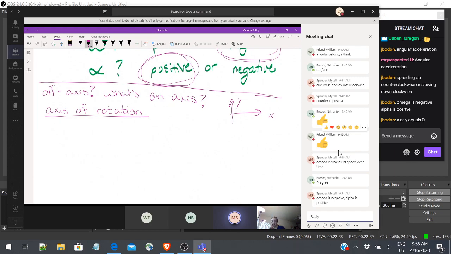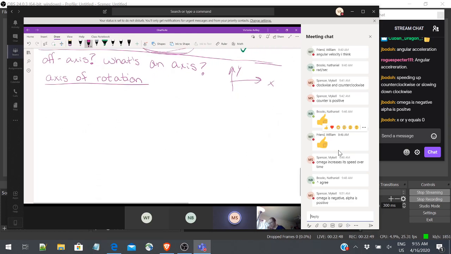No thoughts? Okay. If you think of something, go ahead and drop it in the chat. This is sort of the line that an object rotates around.